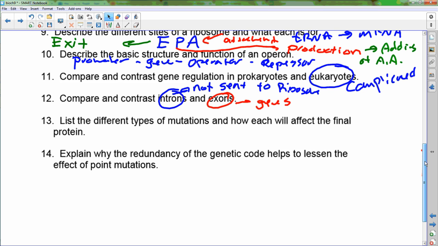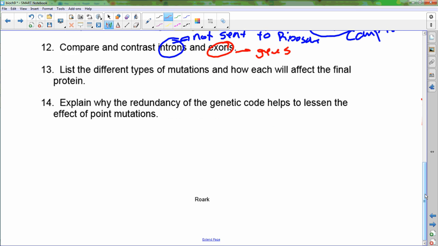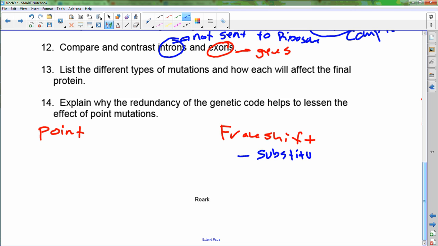Okay, number 13, list the different types of mutations and how each will affect the final protein. The basic thing here, we have what are called point mutations, and then we have frameshift mutations. Frameshift mutations, remember, are insertions and deletions.